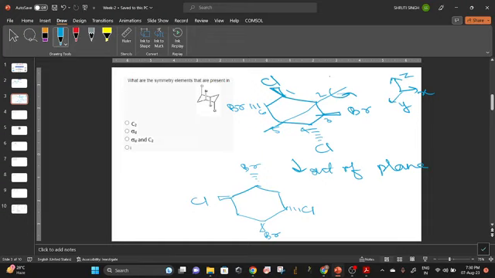So this is not an equivalent configuration. In plane, definitely it is not there, because when you rotate 180 degrees, the up and down positions of these substituents will change.